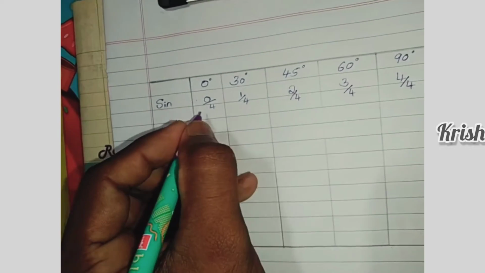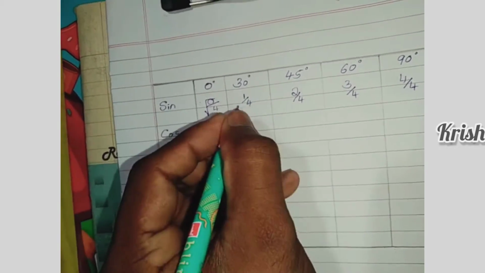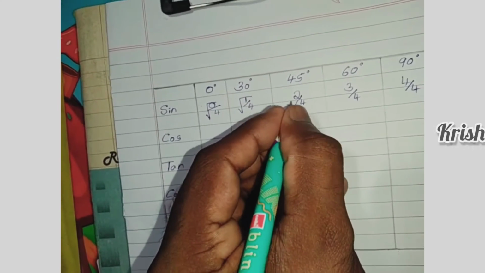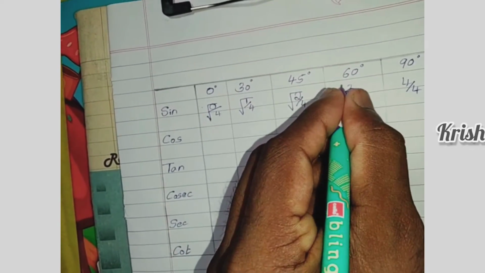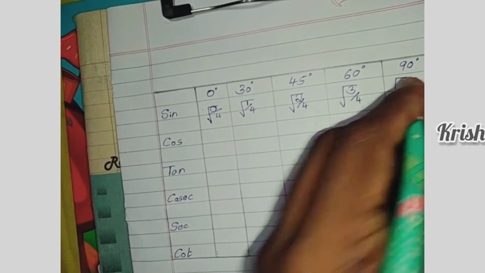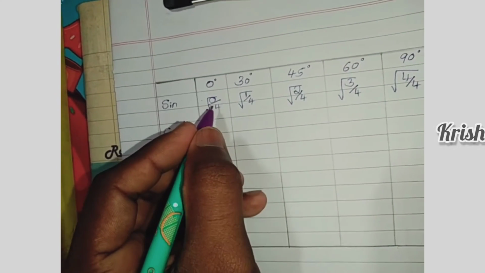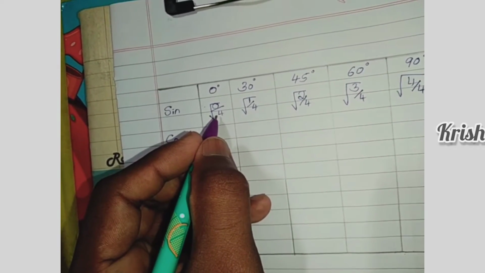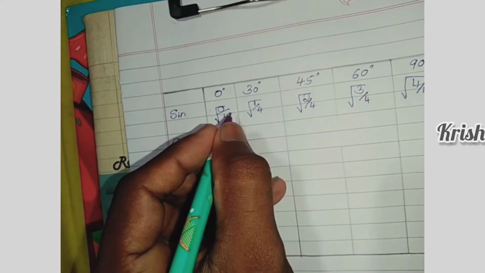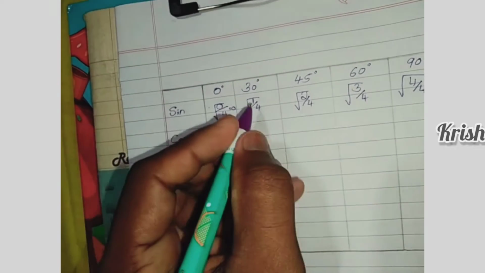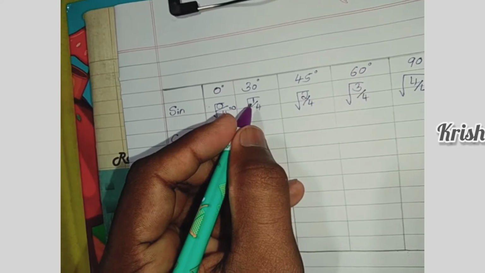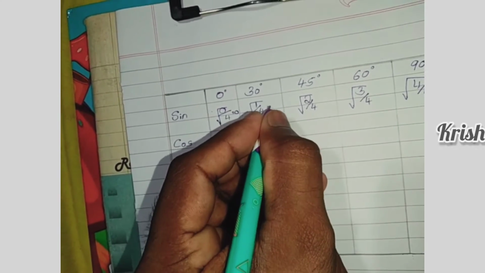And also I take the root. Now 0 by anything is 0, then the root of 0 is also 0, and 1 by 4, the square root of 1 by 4 is 1 by 2.